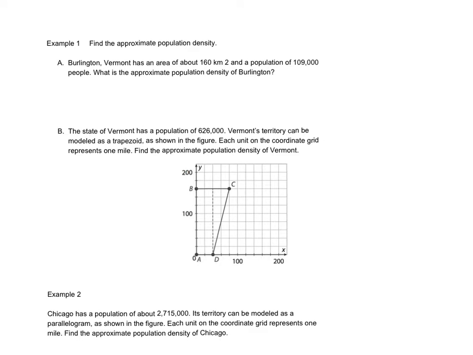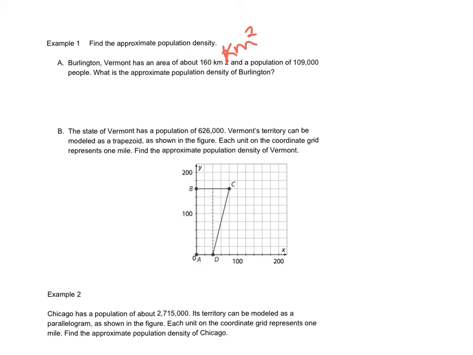Okay, so find the approximate population density. Burlington, Vermont has an area of 160 kilometers squared, and that's what that 2 is right there. It's just kilometers squared. I didn't notice that earlier. And a population of 109,000 people.